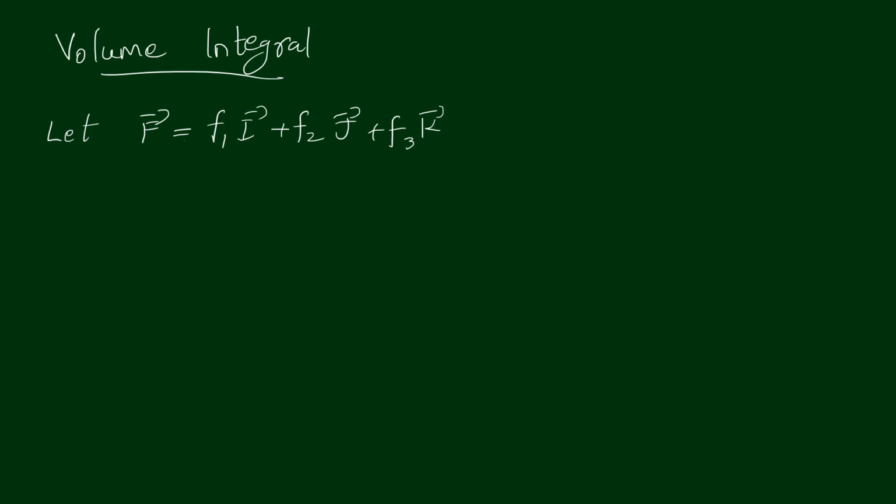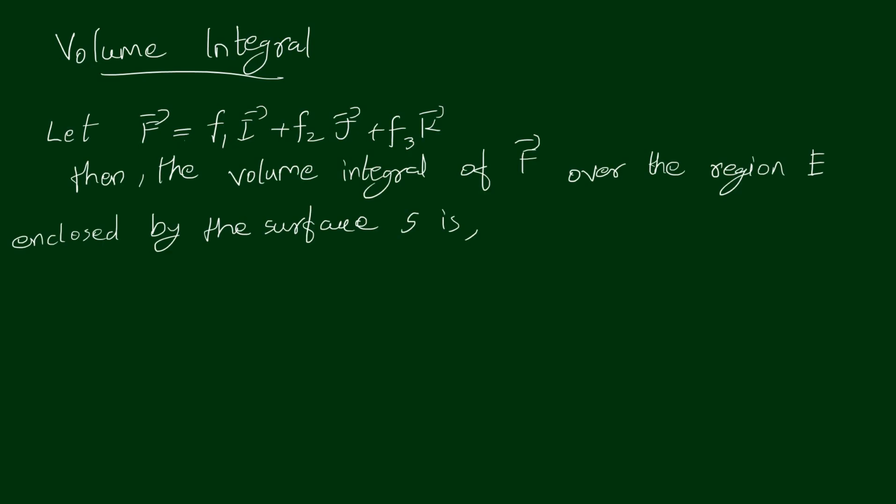the volume integral is given by the volume integral of vector F over the given region E, and that region is enclosed by the surface S. I will notate it using three integrations.